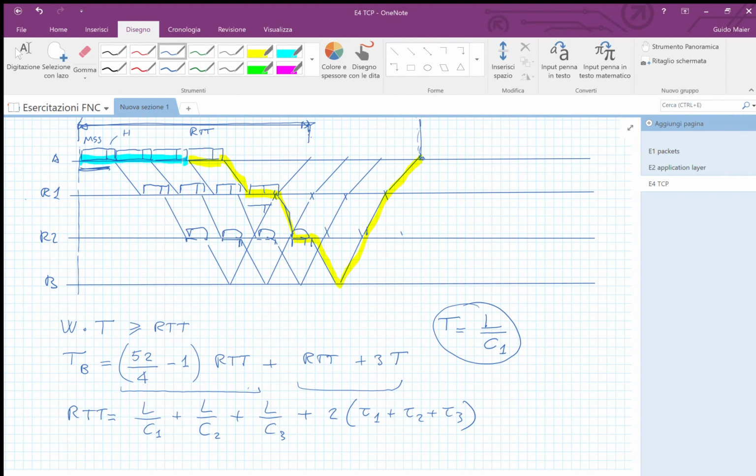This is the usual calculation. If you see the yellow line, you find all the segments that are the components of this. Is it clear?